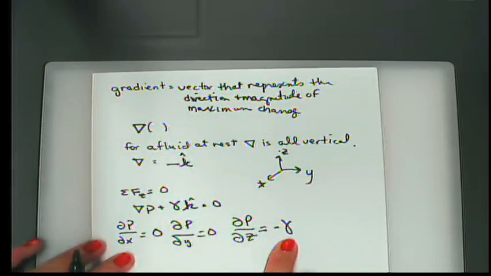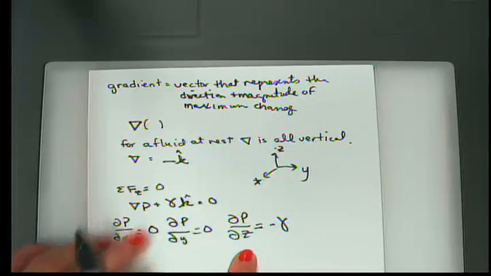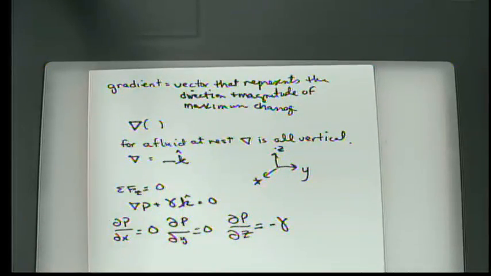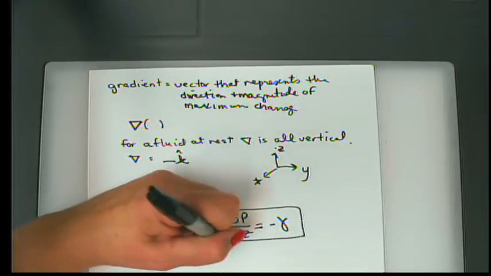So there's two different ways that we can develop it. We can develop it in a more common sense way, or we can go to a more mathematical way. But this is the equation for the hydrostatic gradient.